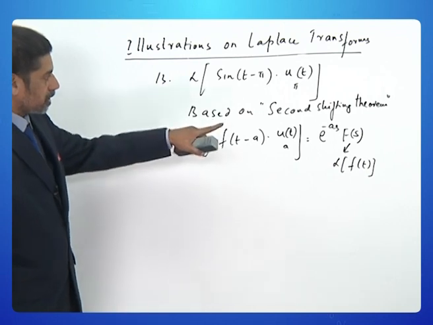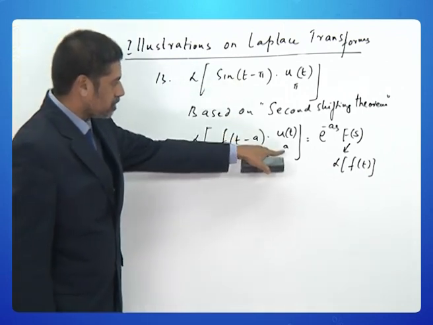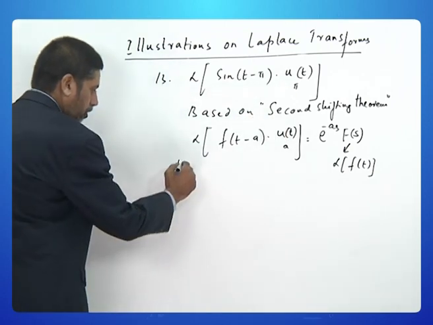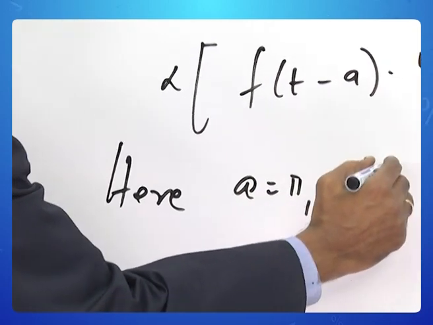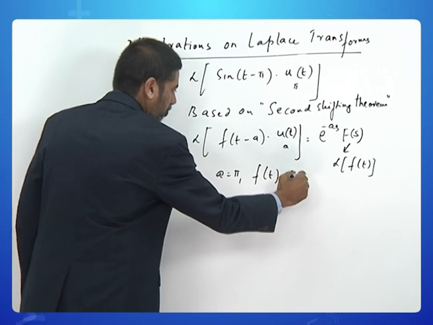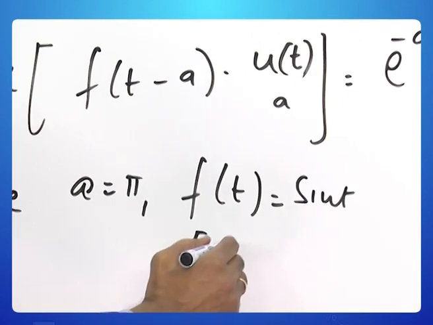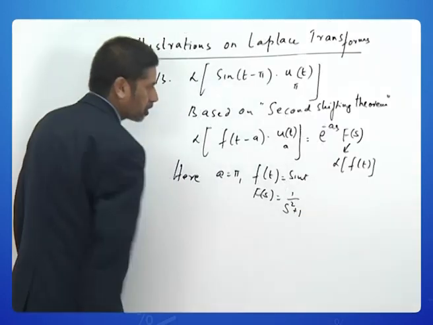Now in the present context, you can see these two are comparable, right? So a is equal to pi. So here a is equal to pi and f of t is sin t. So what will be F of s? It will be 1 by s squared plus 1.